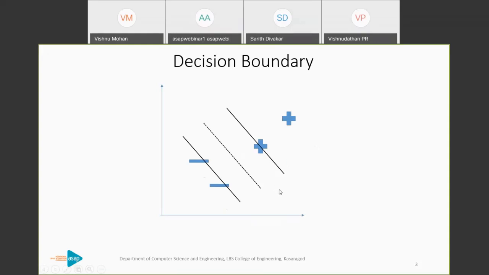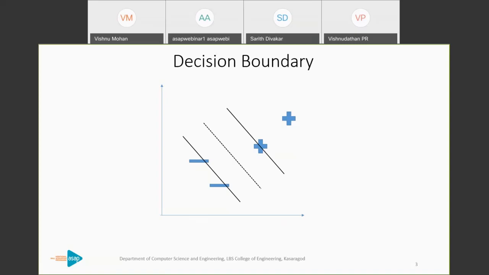The widest street separates these positive samples from the negative samples. This actually makes support vector machine differ from all other algorithms that you have learned so far.